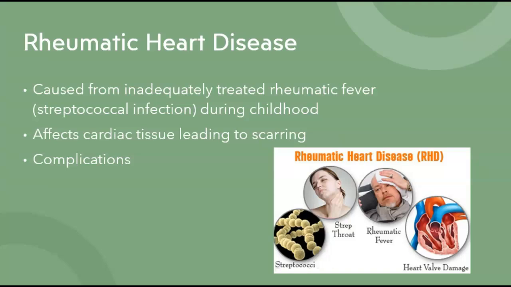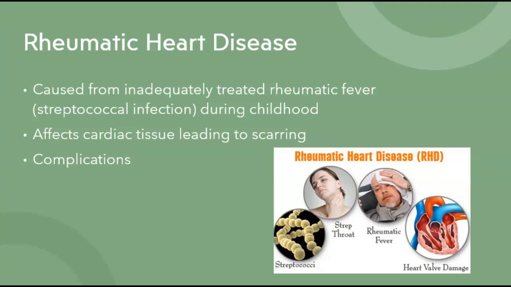And once you have scar tissue in the heart valves, that's going to make them more fibrous. It's going to make them harder to close all the way. They're going to get thickened and deformed, so that can cause stenosis and regurgitation. Complications of rheumatic fever are going to be heart failure, pericarditis, pericardial effusions, aortic or mitral valve regurgitation, and also permanent cardiac damage.